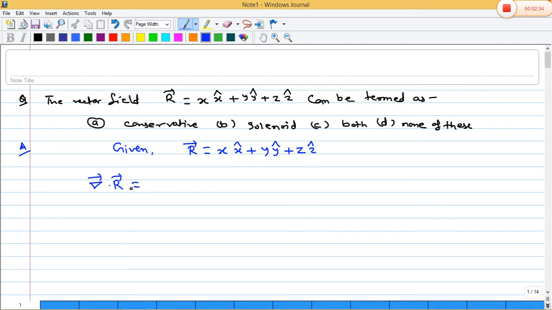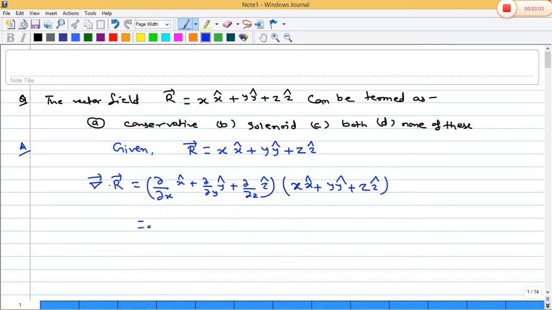What will be the value? How can we find the divergence of R? Del by del x cap plus del by del y cap plus del by del z cap, dot R vector. So we have the R vector like this.